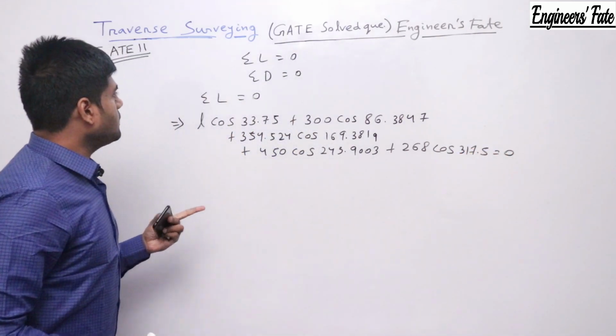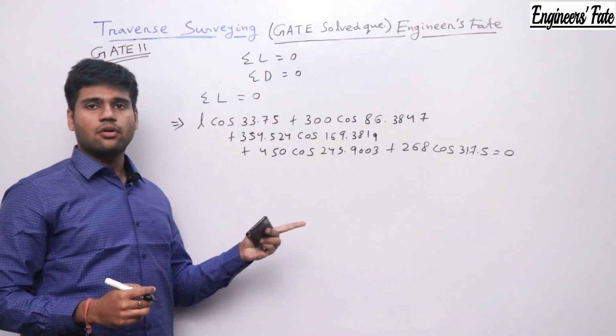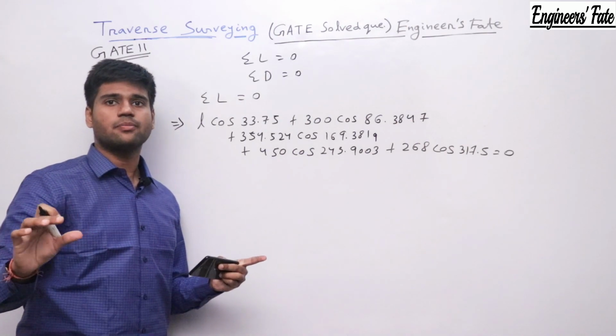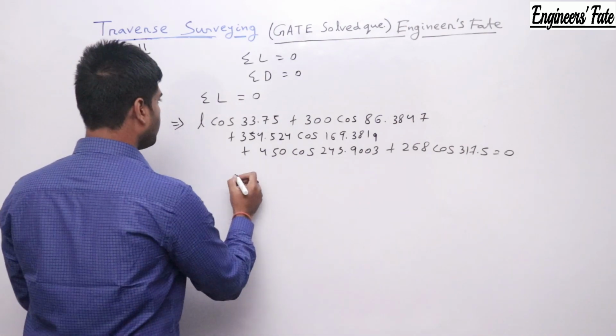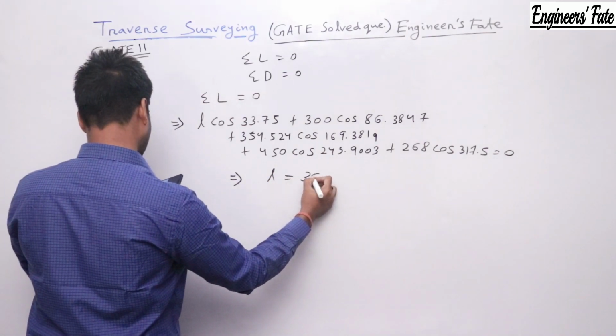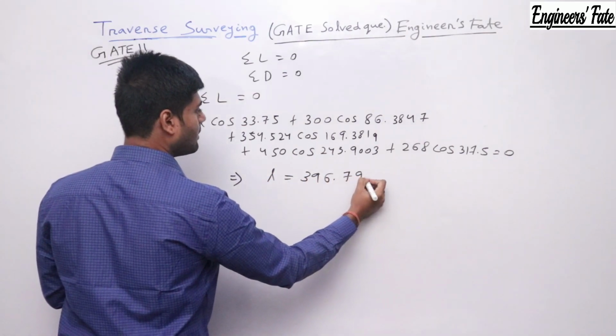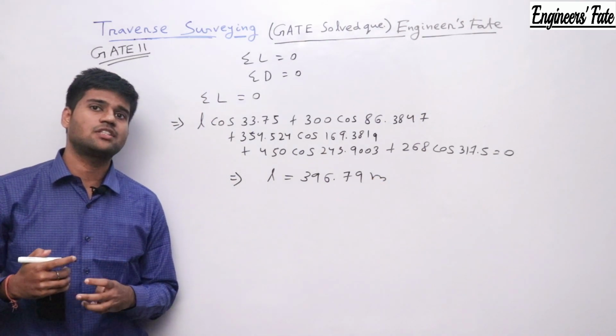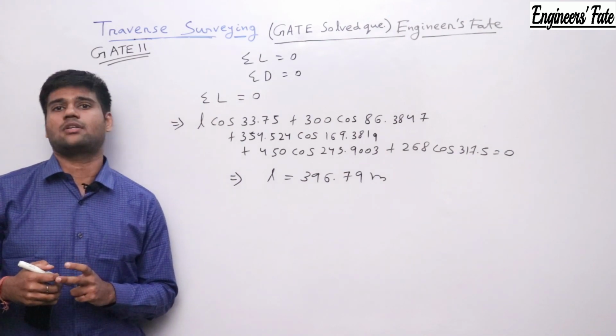So this is the equation, summation of latitude equal to 0. I have added all those latitude values for the corresponding sides, and if I solve, I will get the missing length L as 396.79 meter. I hope you have understood. Try the next question, which is a very good question.